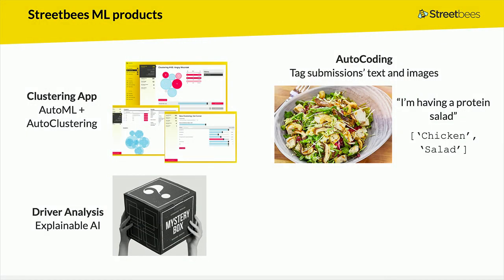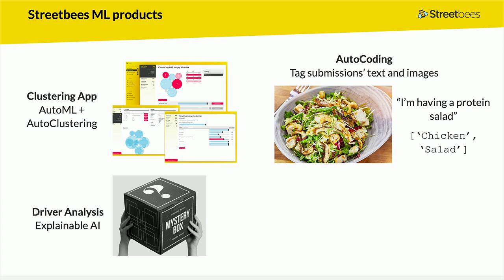Magic. Yeah, so the third thing, this is really important at Streetbees, is dealing with autocoding. So what is that? As I said, a lot of the approach of Streetbees is based on letting people say what they want, taking pictures of what they want, saying what they want in their own words. But actually, that's great, but there's so much granularity.